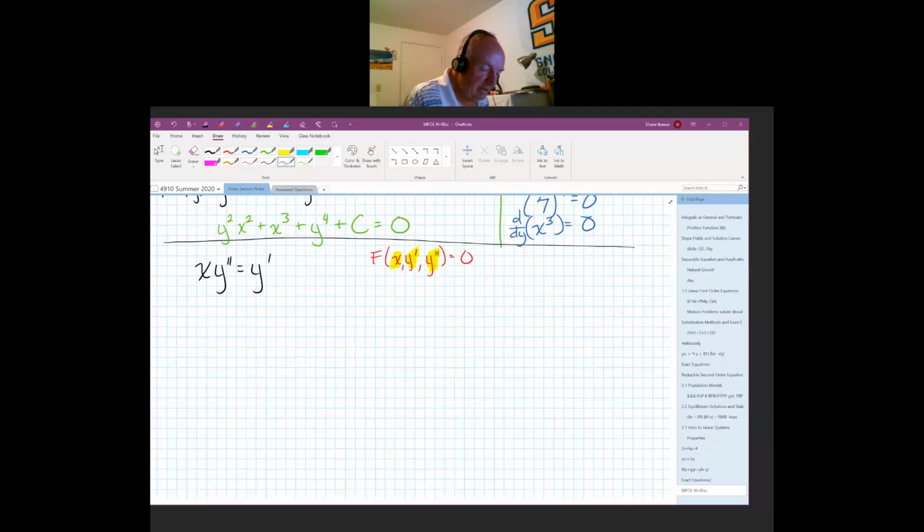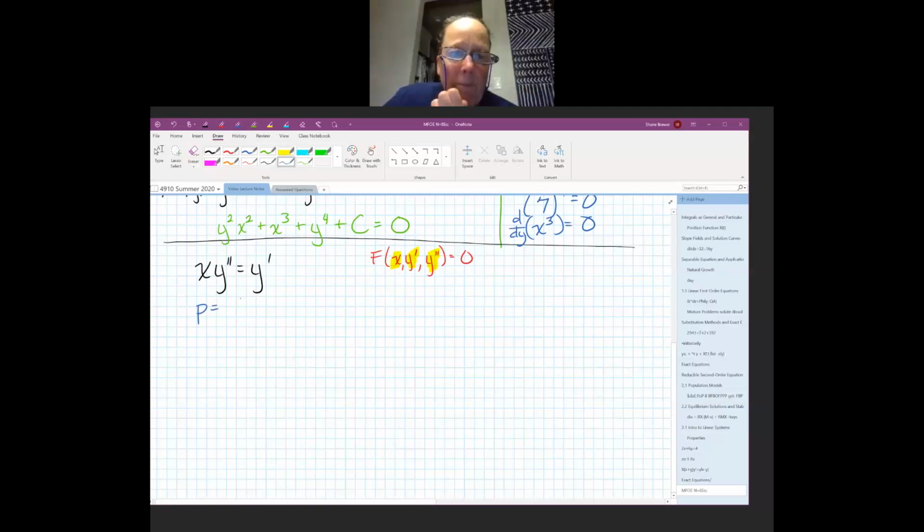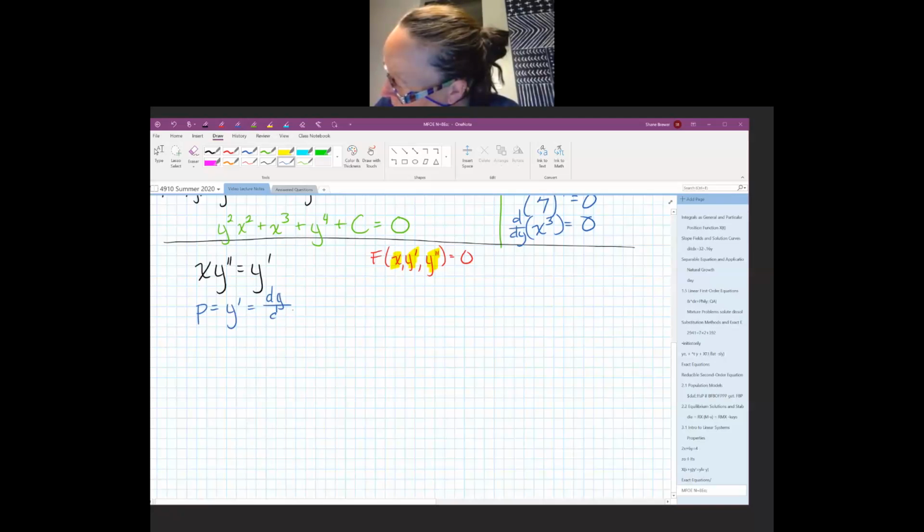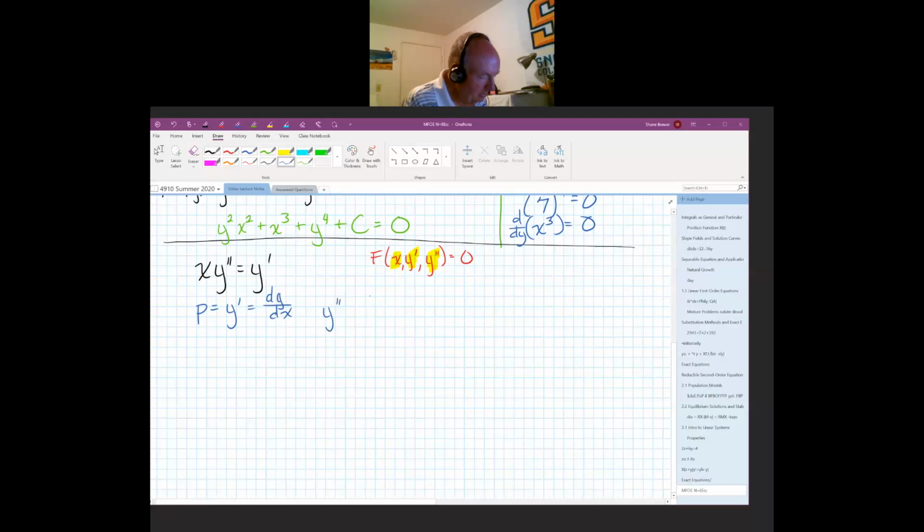So the way to do that, did you already run through this a little bit? I have played with it. I know the goal: I would say p is equal to y prime. So p equals y prime, which means y double prime is equal to the derivative of p. We all good with that so far? Okay.